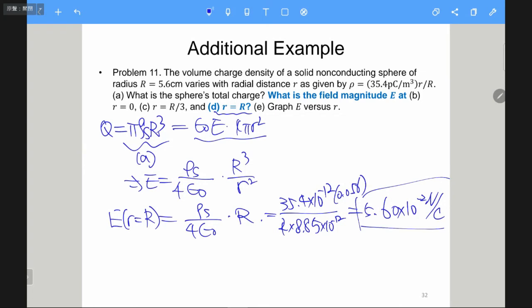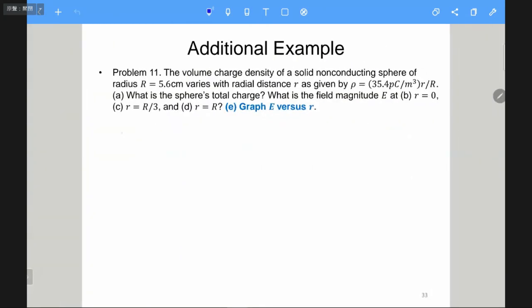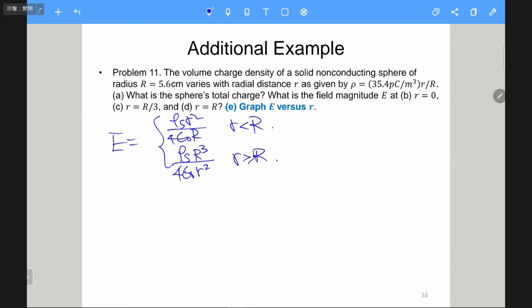Okay. So finally, we have E equals rho S times R squared over 4 pi epsilon naught R when R is smaller than capital R, as we derived in part B. And then rho S times R cubed over 4 epsilon naught R squared for R larger than or equal to capital R. If you like to draw it out, it will be something like this.